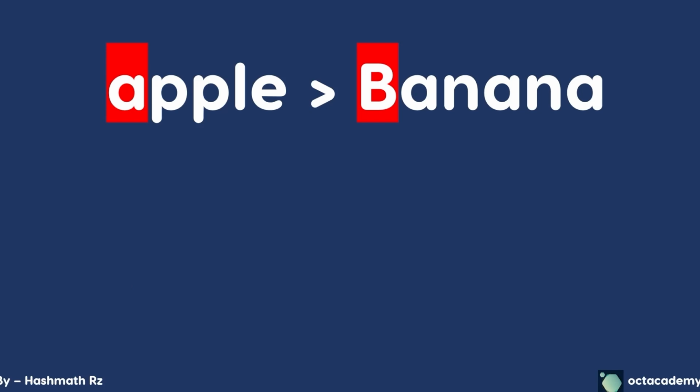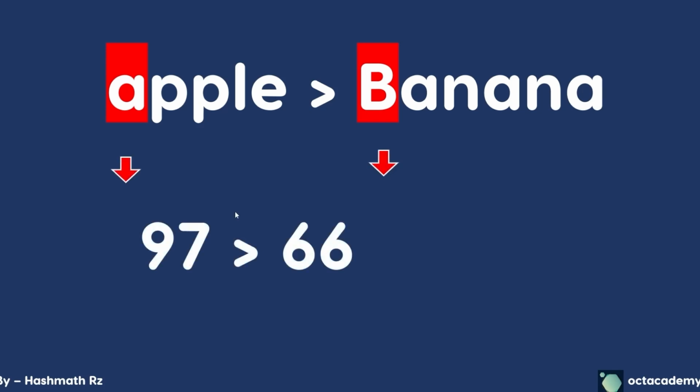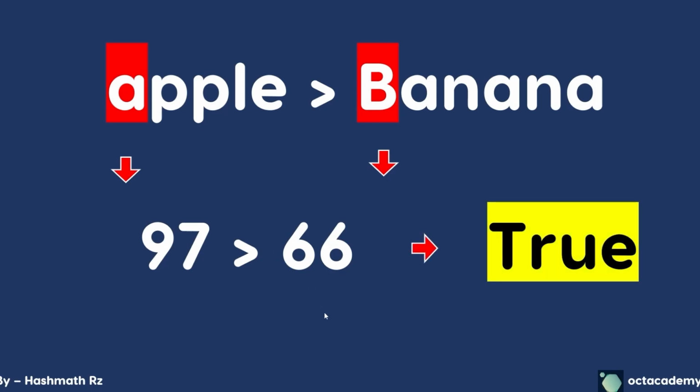So if we had apple with a simple a and Banana with capital B as the comparison values, the result would be true because the lowercase a has a higher Unicode value than the uppercase B. The lowercase a Unicode value is 97 and the uppercase B Unicode value is 66. So in this case, 97, the lowercase a, is greater than 66, the uppercase B. Hope you guys got the idea.